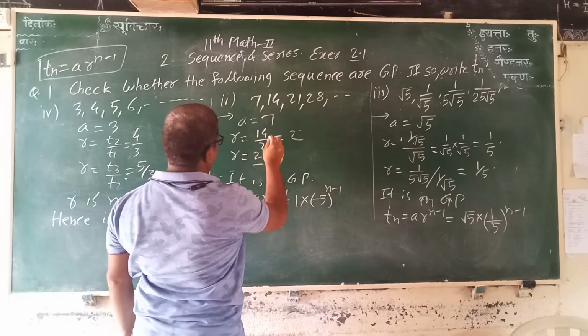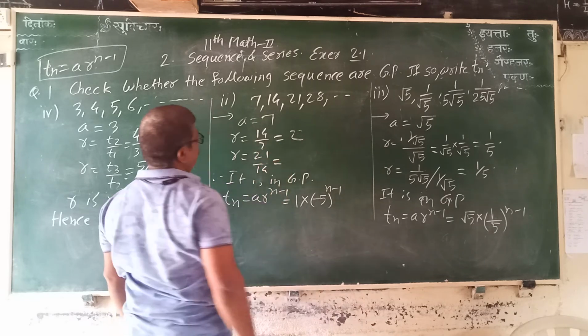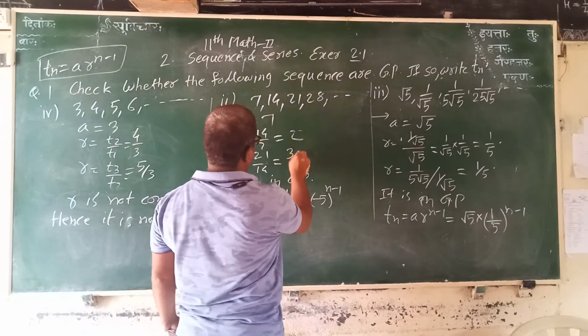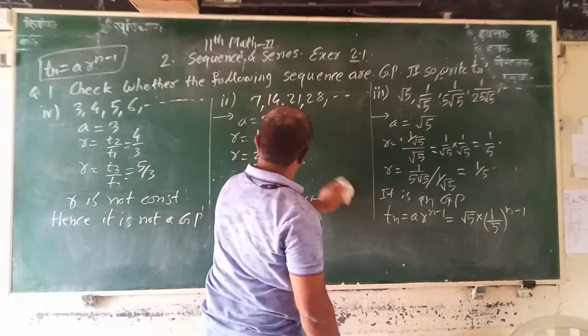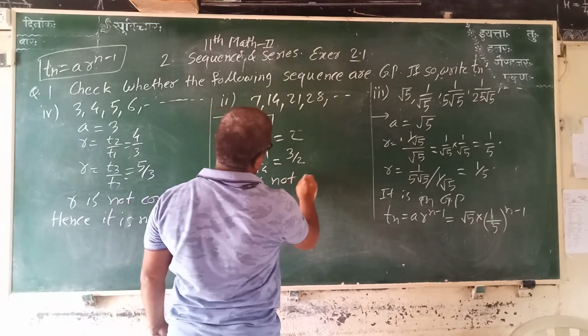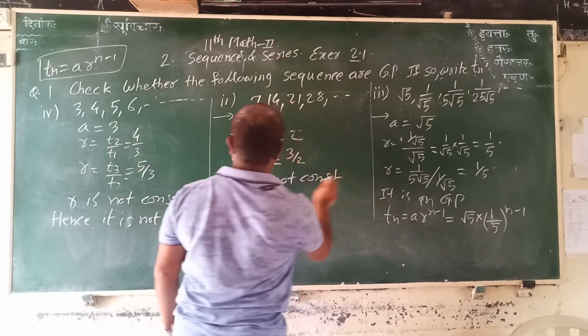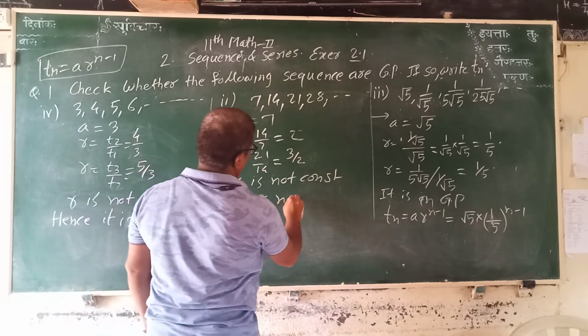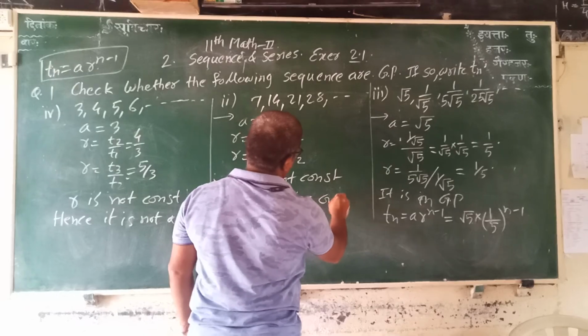And 21 upon 14, that is 3 upon 2. Therefore, r is not constant. Therefore, it is not a GP.